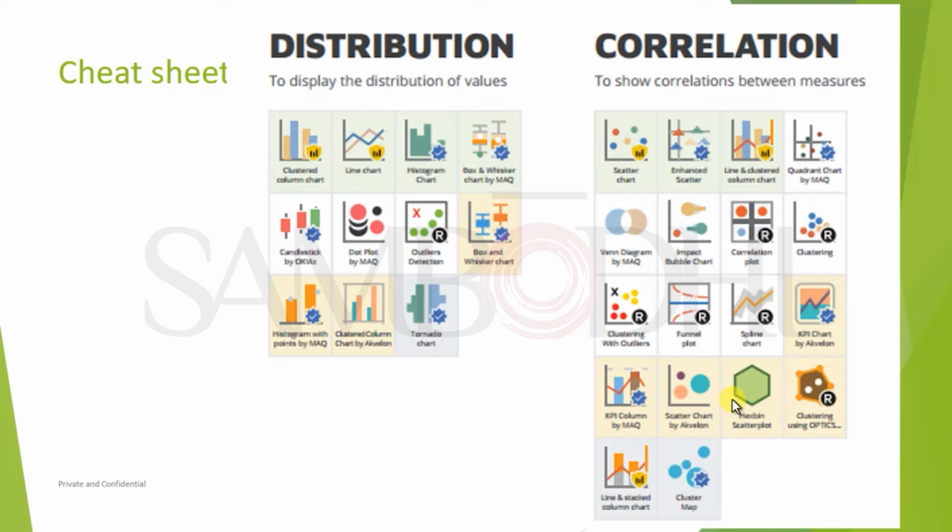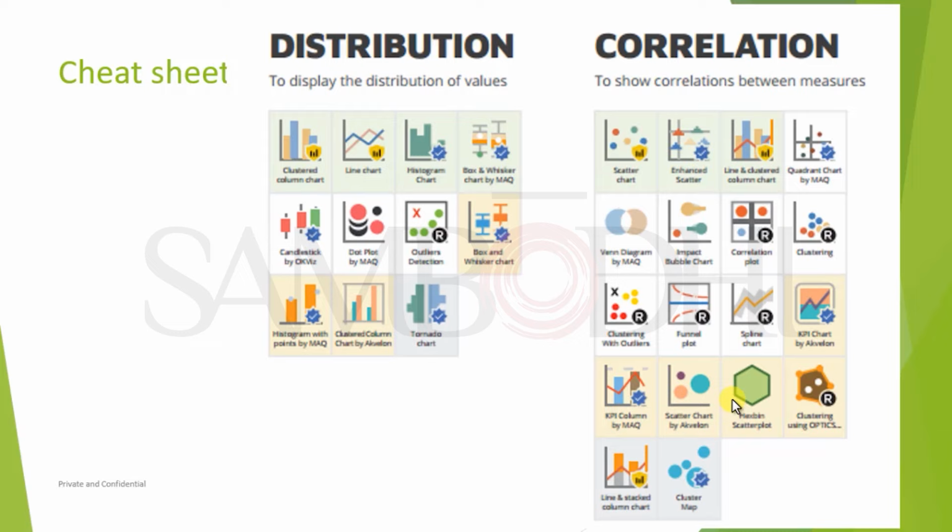So if you want to show a distribution of many things, then these charts can help you place your values on a time scale basis, a period scale basis, or any other basis, and show you what their volumes are like.